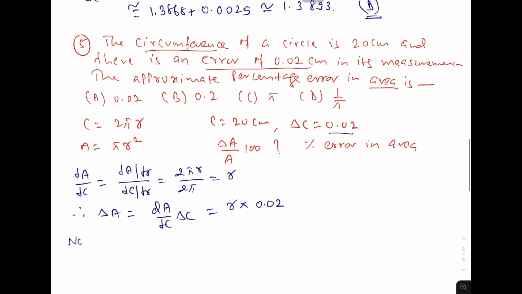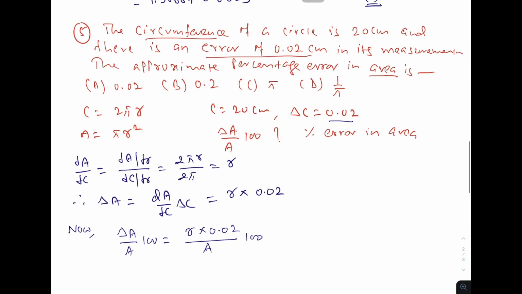Now can we write delta A by A into 100 equal to r into 0.02 into 100 and here A. Okay. So this is equal to r into 0.02.